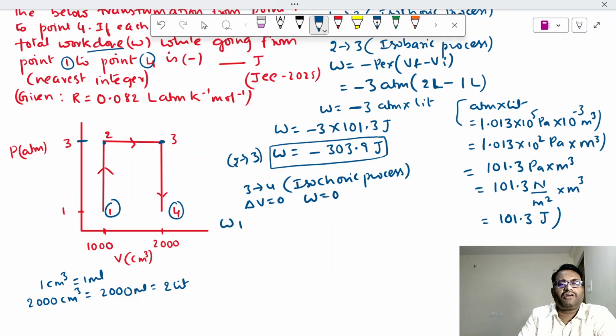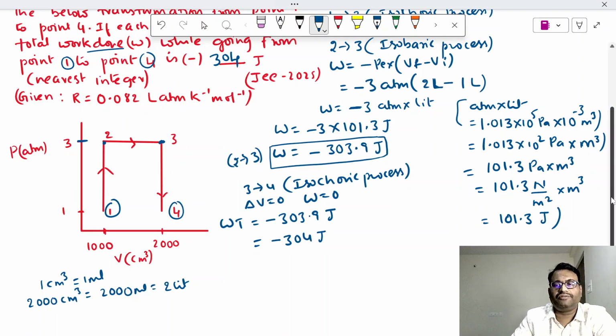So the total work done is minus 303.9 joules, and 3 to 4 is again work done 0. But what is the question asked? Nearest integer is asked. So the nearest integer will be 304.